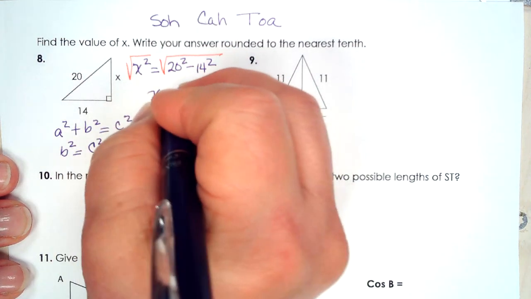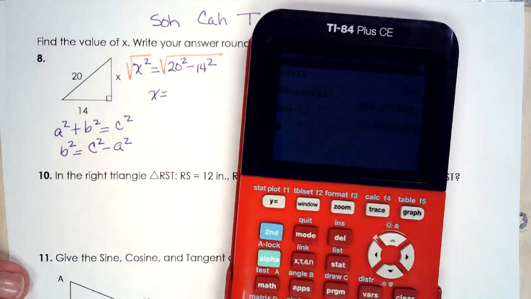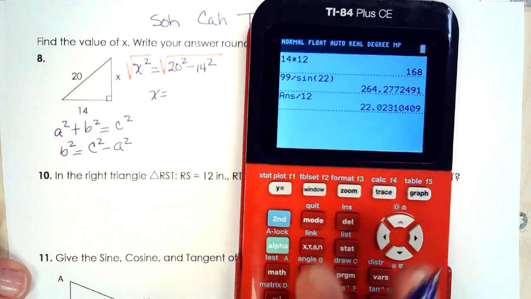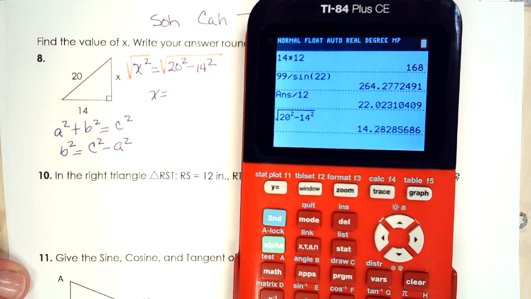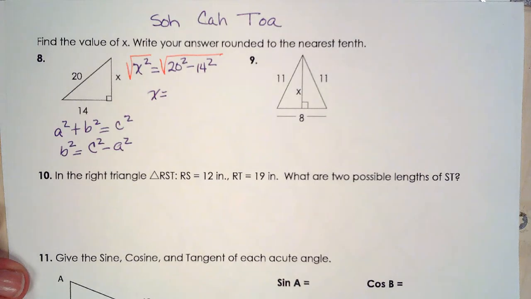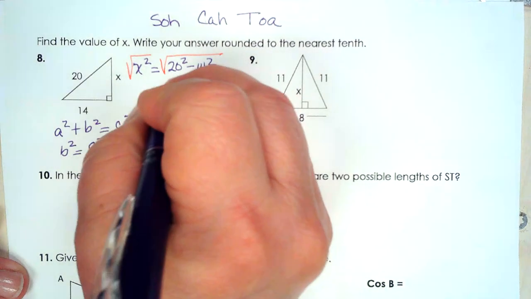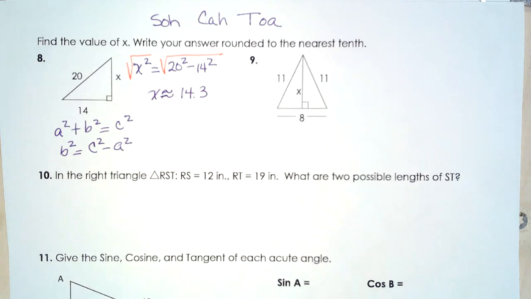X is equal to the square root of 20 squared minus 14 squared, and I get 14.28, which is approximately 14.3. We don't know what units it's in.